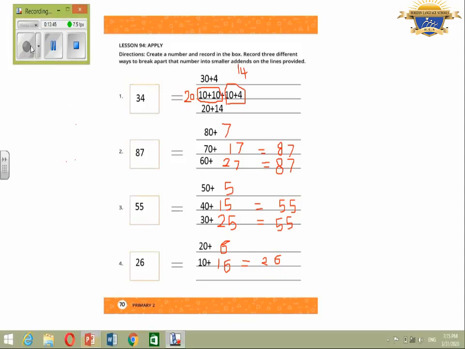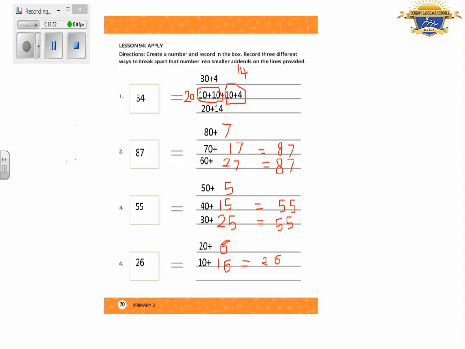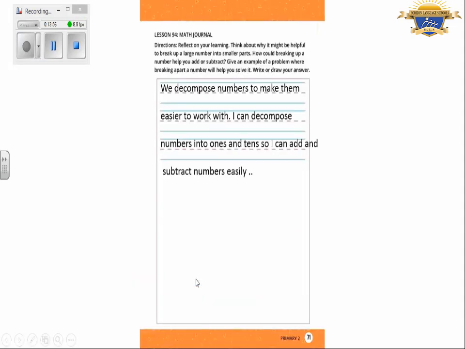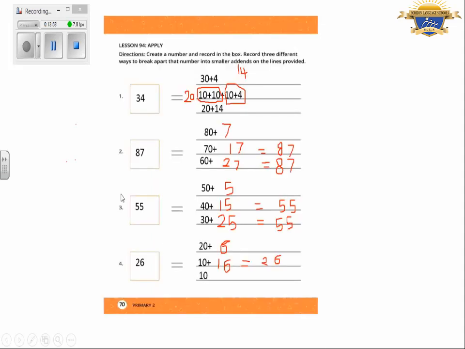The third way for number 26: how many tens are in number 20? Excellent, I have 2 tens in number 20.